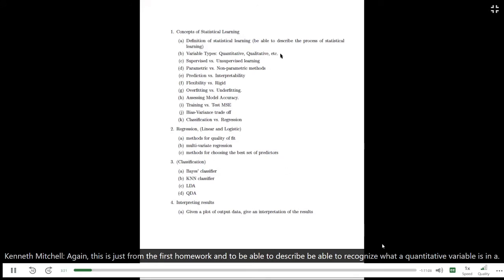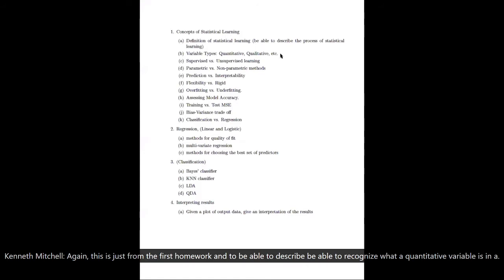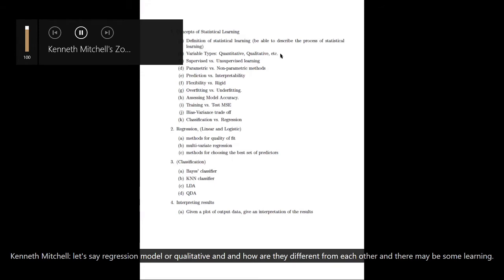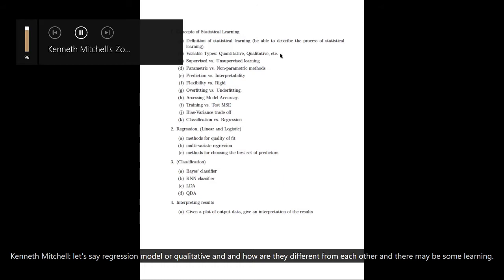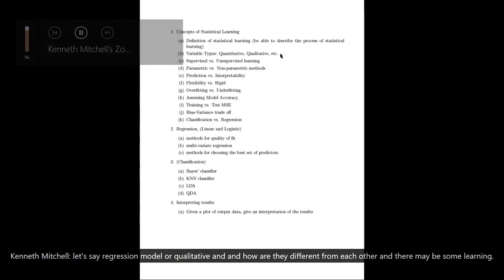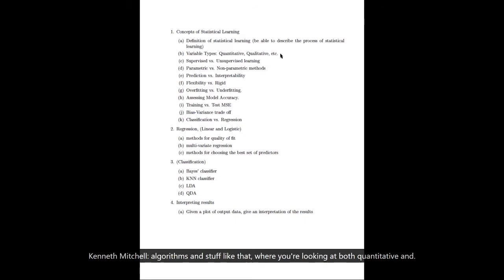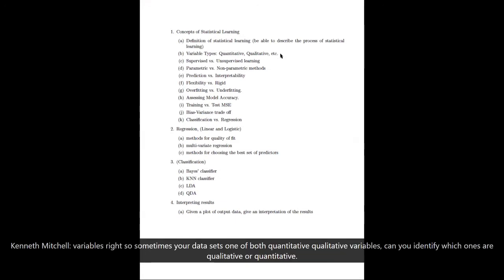Be able to recognize what a quantitative variable is in, let's say, a regression model, or a qualitative one, and how they are different from each other. And there may be some learning algorithms where you're looking at both quantitative and qualitative variables, right? So sometimes your data sets will have both. Can you identify which ones are qualitative and which are quantitative?